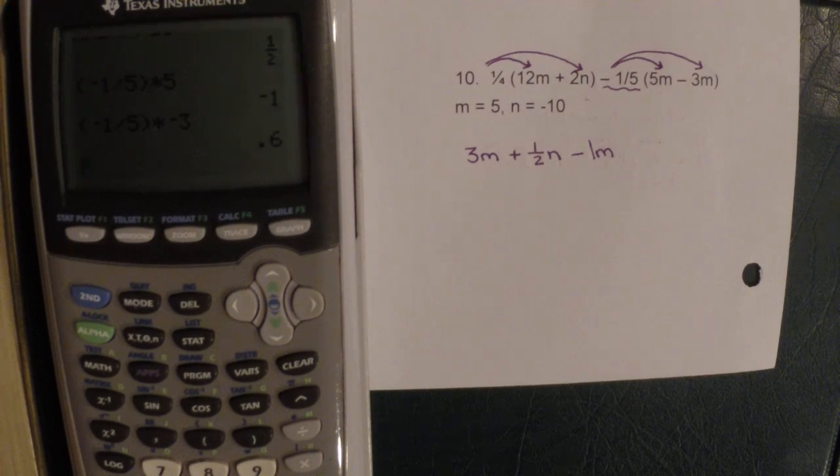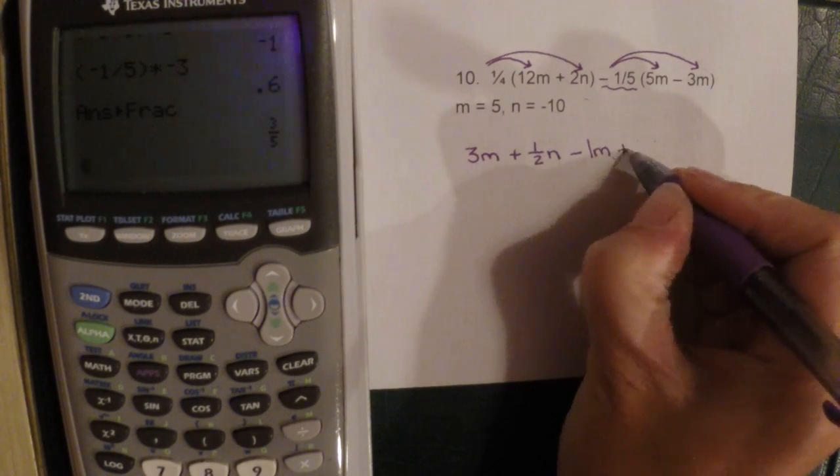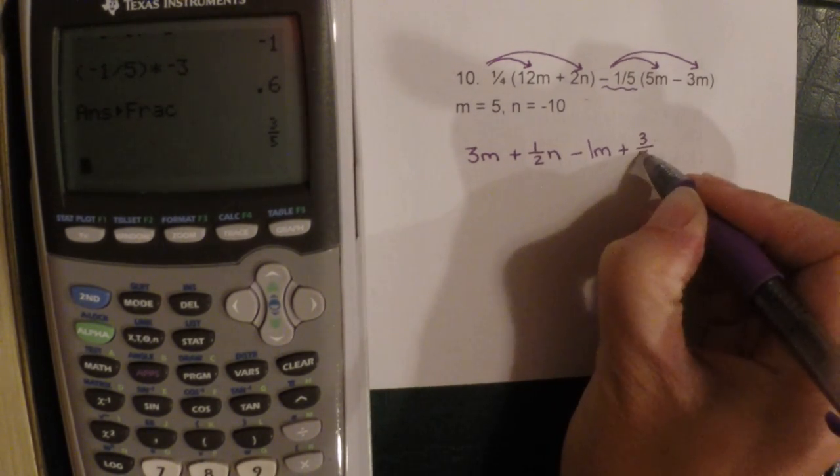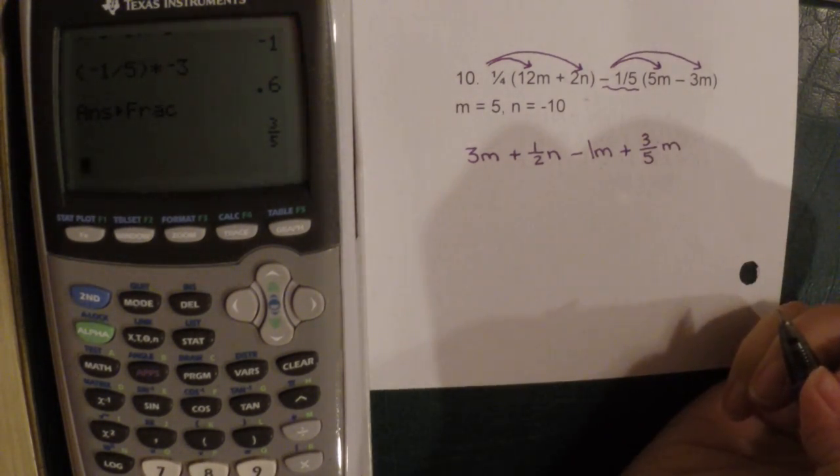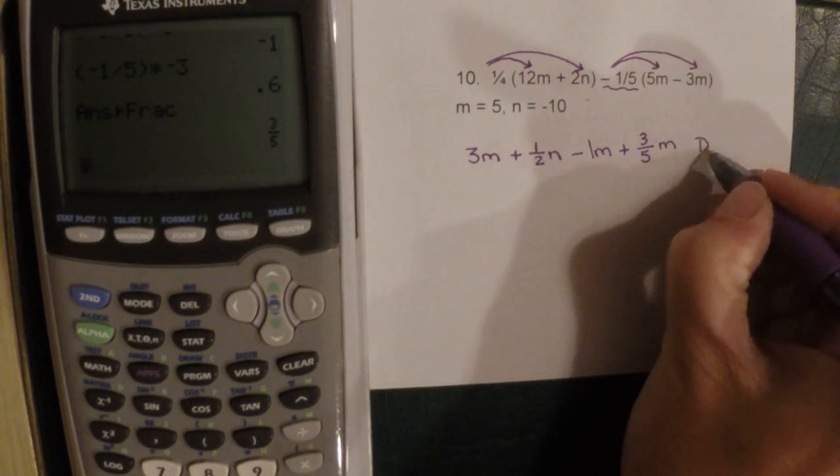And it gives me 0.6, or I can math frac and I can put 3/5. I don't care if you use the decimals or the fractions, it's up to you. So remember, this was our distribute.